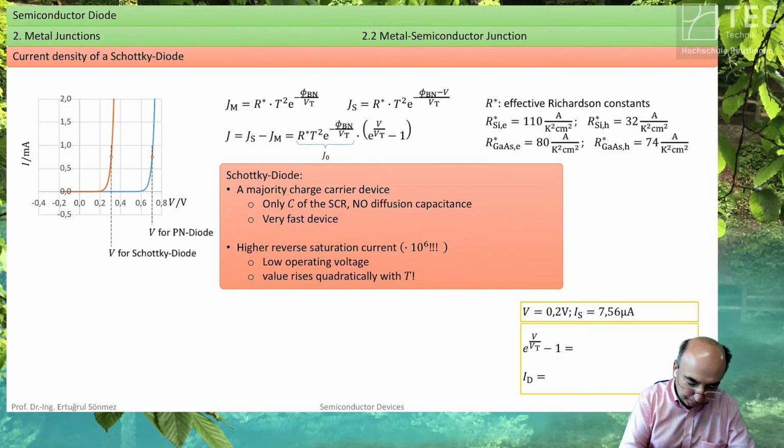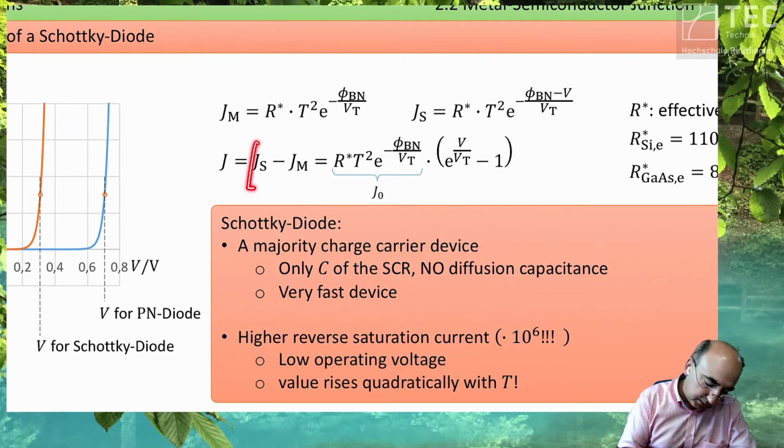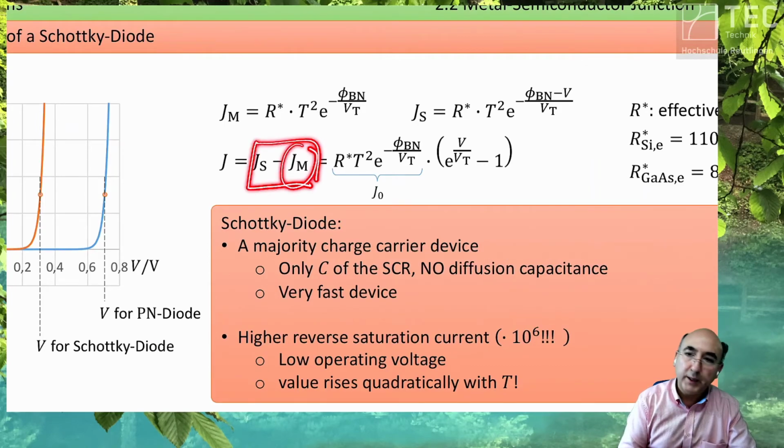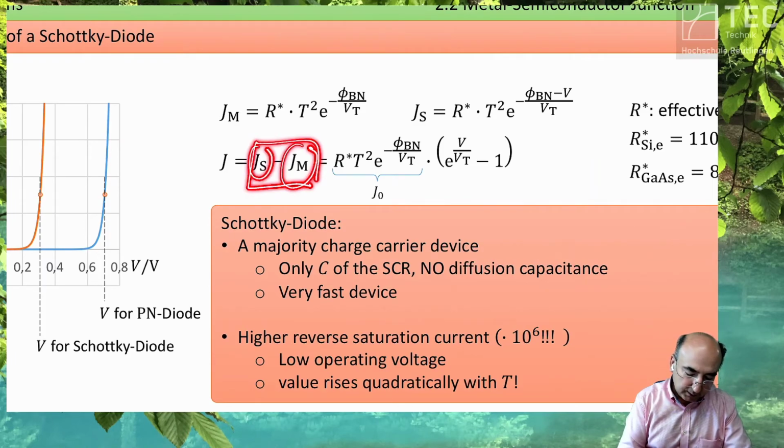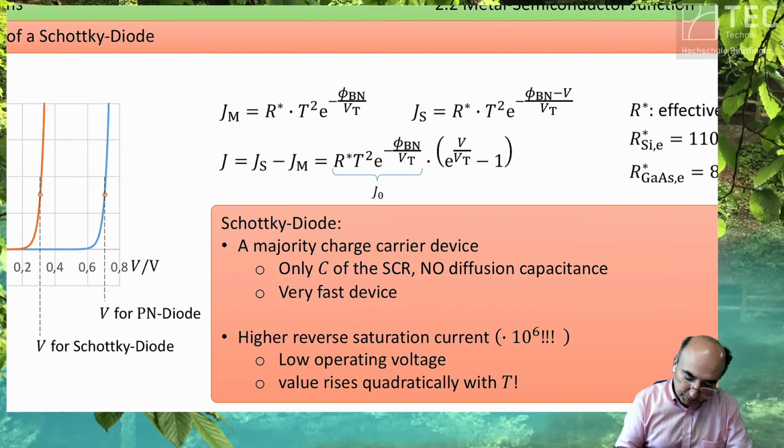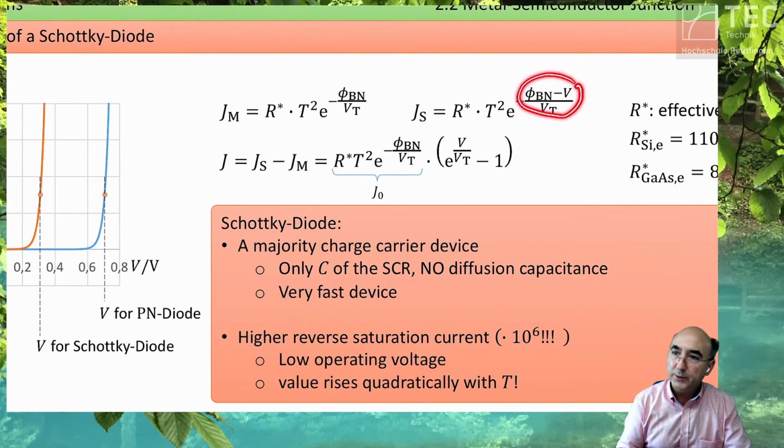By calculating the current level from the metal into the semiconductor and the current level from the semiconductor into the metal. From the semiconductor into the metal, we have this as a value.